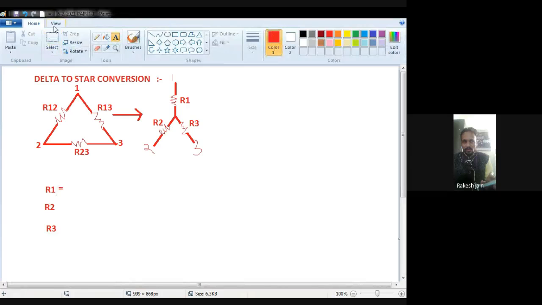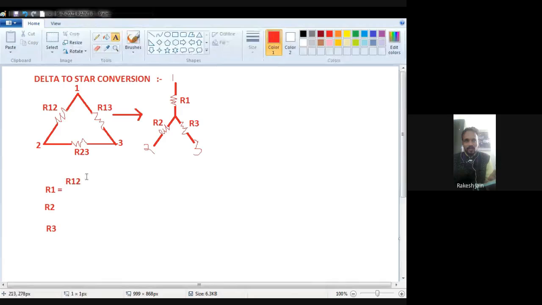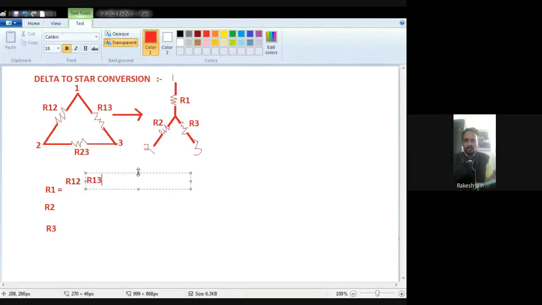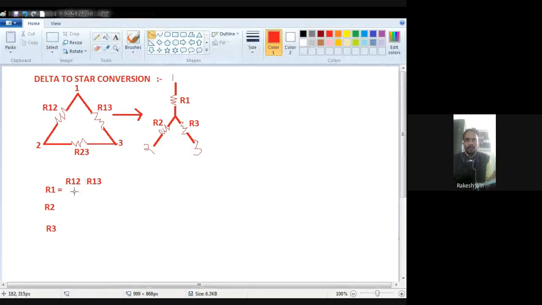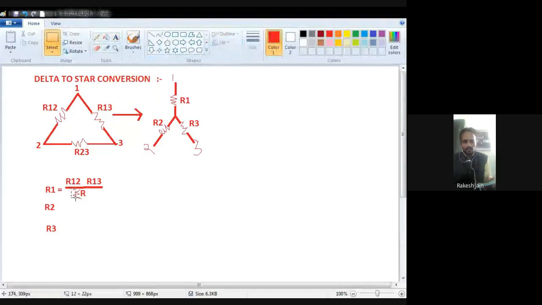Then by putting it into the right hand side diagram, you are able to convert the given delta. R1 is equal to R12 multiplied by R13, divided by summation of R, where the meaning of summation of R is the sum of all the given resistances.